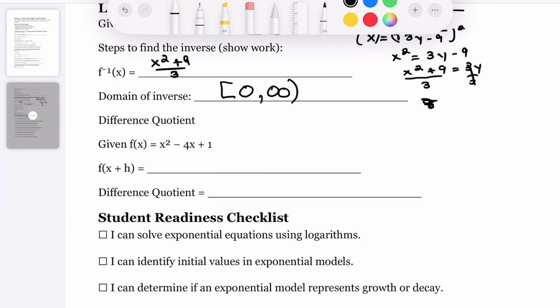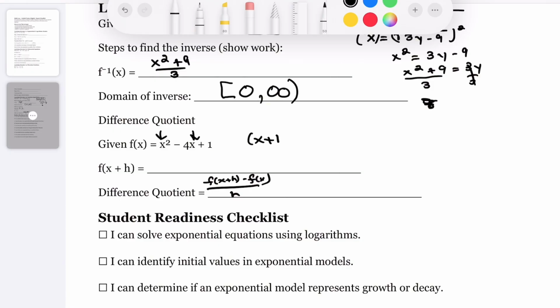So now for the difference quotient. The difference quotient is, I'm going to write it over here, f of x plus h minus f of x all over h. Okay, so just keep that in mind. First you're going to do f of x plus h. Whatever problem that you're given, wherever you see x, you're going to put x plus h.